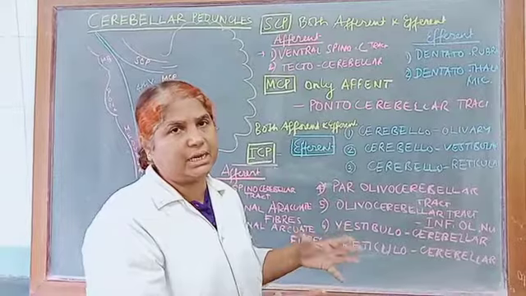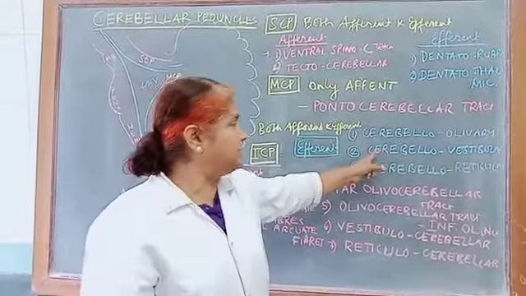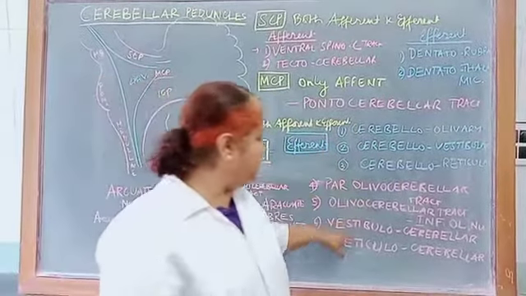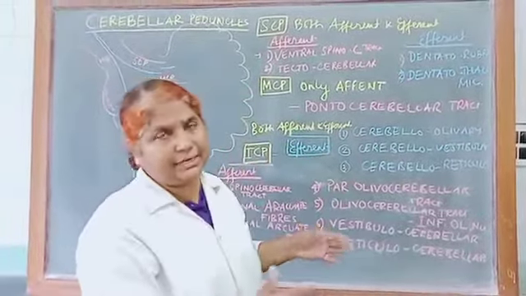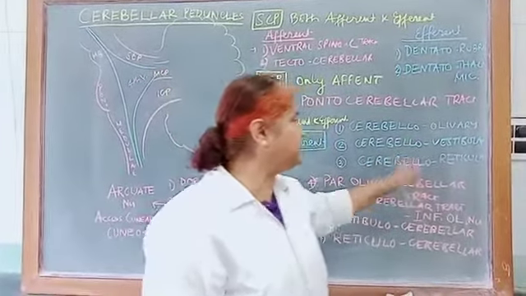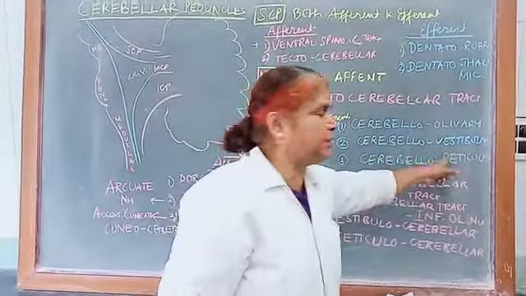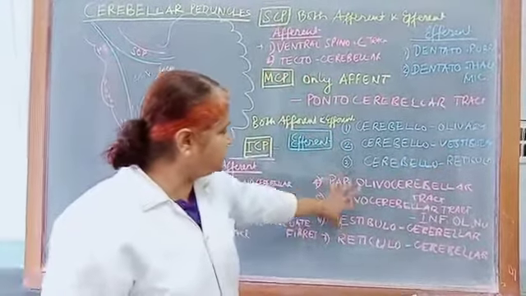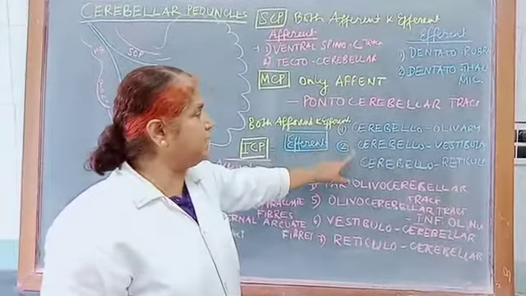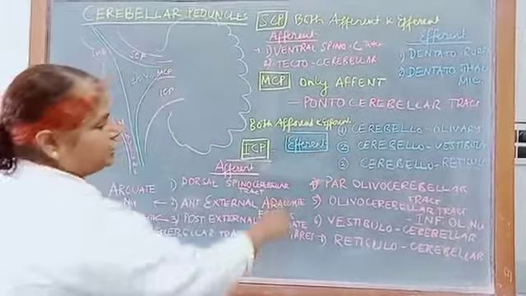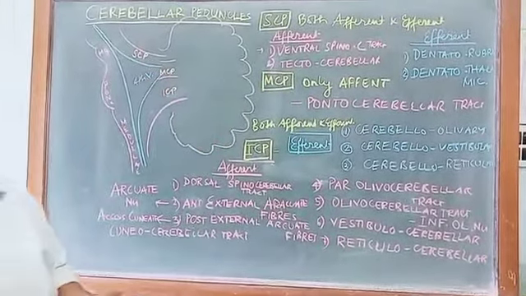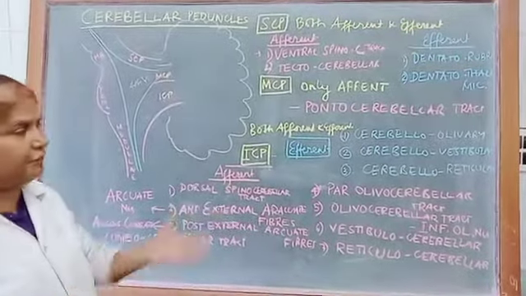The cerebellum takes the decision and gives it back to the vestibular nucleus by the cerebello-vestibular tract for equilibrium to be maintained. And the reticular nucleus gives the alertness information to the cerebellum. The cerebellum again takes the decision and returns it by the efferent cerebello-reticular tract. So corresponding to these afferent fibers are the cerebello-olivary, cerebello-vestibular and cerebello-reticular tracts. Instantaneously the cerebellum will give the information after getting the sensation from these nuclei.